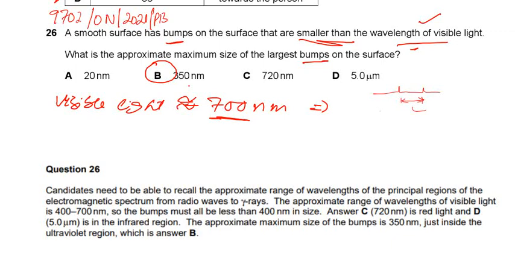The main theme of this question is for you to memorize the range of electromagnetic spectrums, wavelength, and the frequency as well. So option B, which is less than the visible light wavelength and is in the range of the ultraviolet, is the right answer.